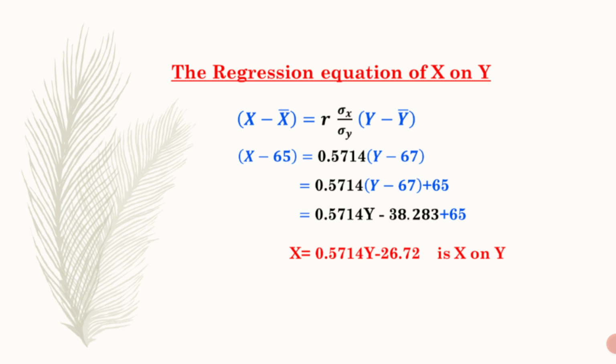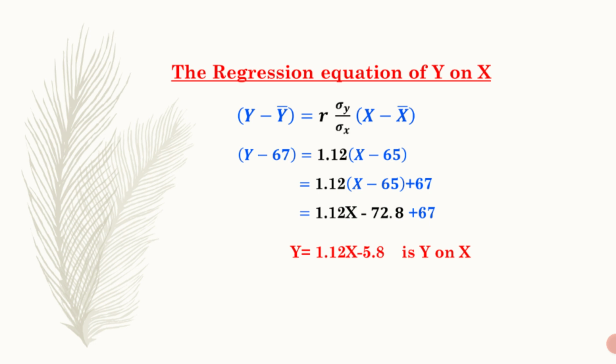Now subtracting the constants, 65 minus 38.283, we get 26.72. Substituting these values gives the regression equation of x on y.